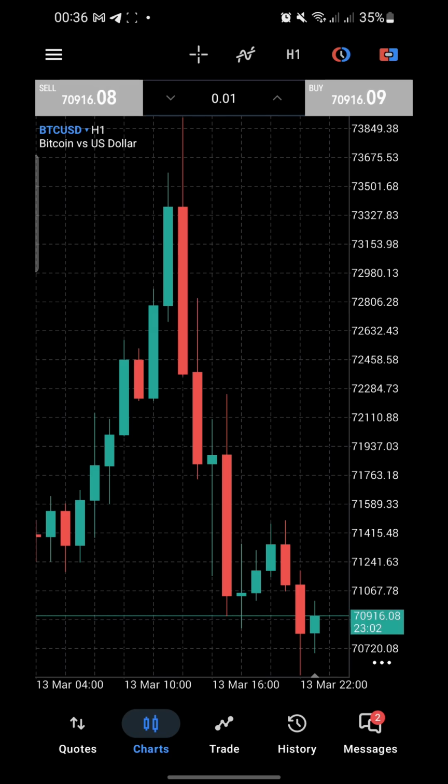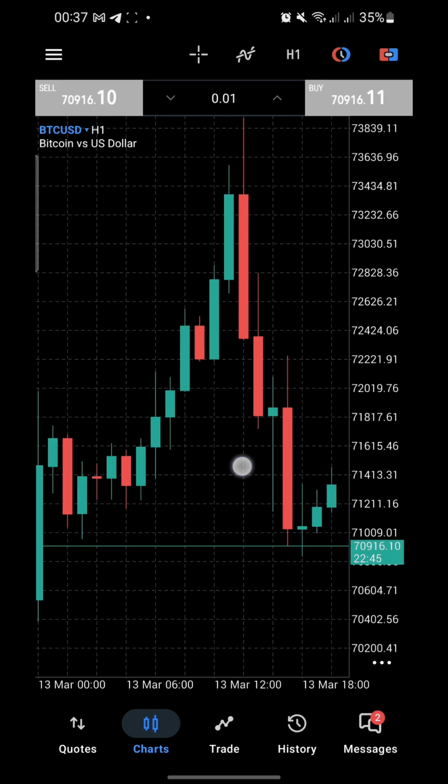Now here are the reasons why tight spreads are important. A tight spread can make a big difference in trading. If you are a scalper, meaning you take many small trades, tight spread helps you keep more of your profit.